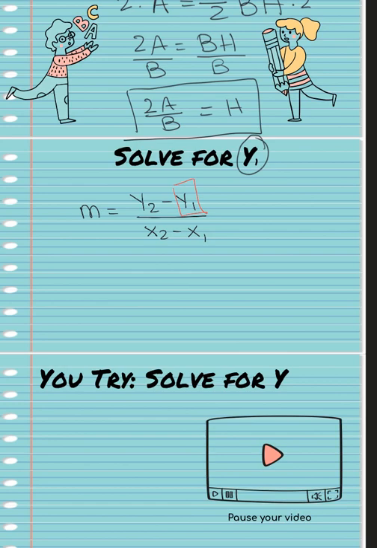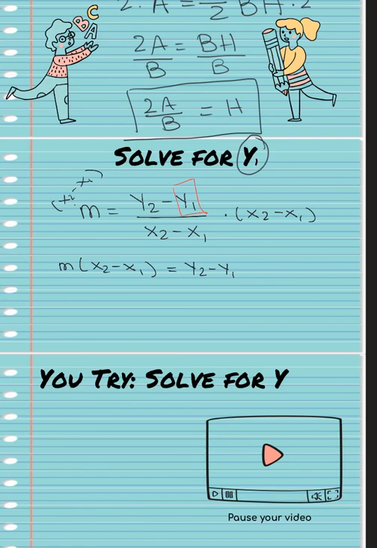So in order to get rid of this x2 minus x1, I'm going to multiply it on both sides of the equation to cancel it on the right side. I now get m times x2 minus x1 is equal to y2 minus y1.